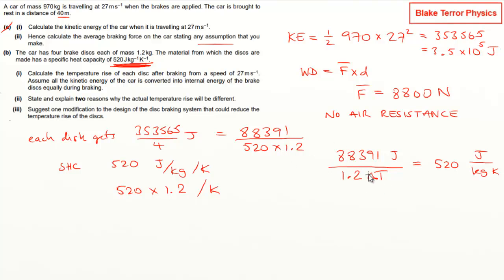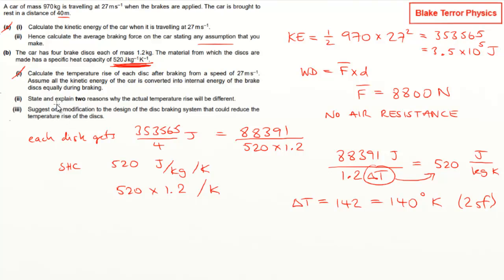So you just rearrange that to make delta T the subject. So it's 88391 divided by 520 divided by 1.2, which gives us 142. So delta T is 142, which is 140 degrees Kelvin or centigrade, whatever way you want it, to two significant figures.